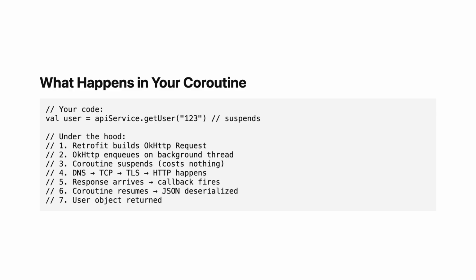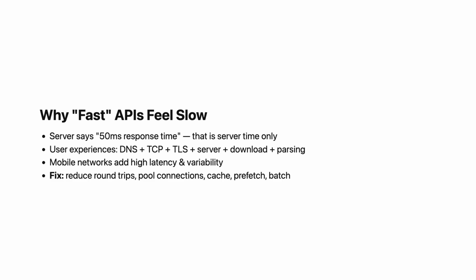The beautiful thing is that all of that complexity, the handshakes, the pooling, the multiplexing, the thread management, is hidden behind a single line of code, but it is happening every single time. So now you understand why there is a gap between server response time and perceived latency. Your backend team says the endpoint responds in 50 milliseconds, and they are right from the server's perspective.